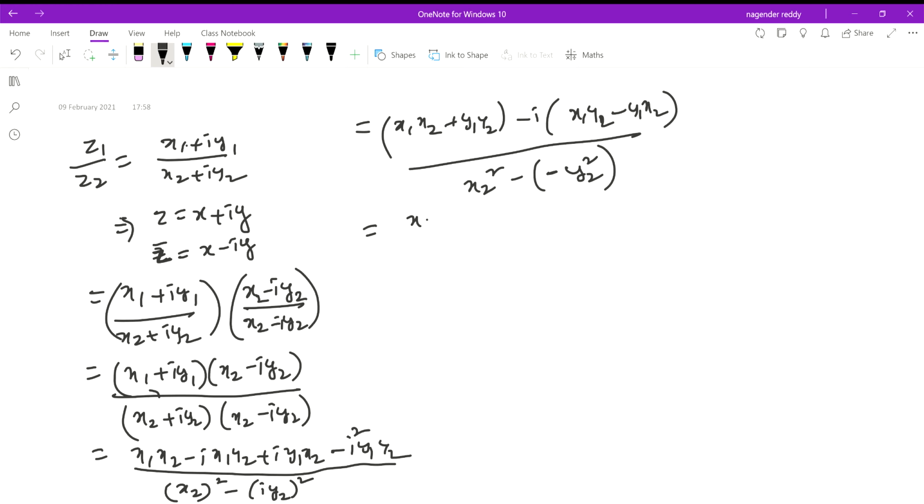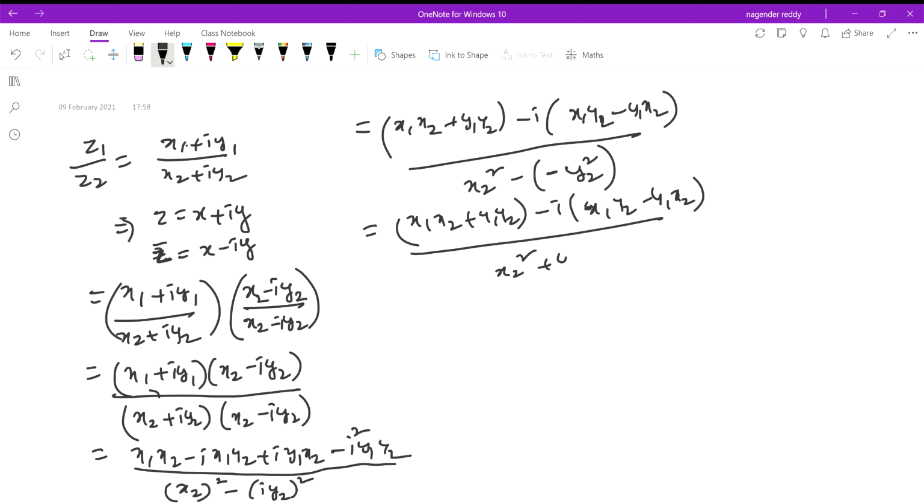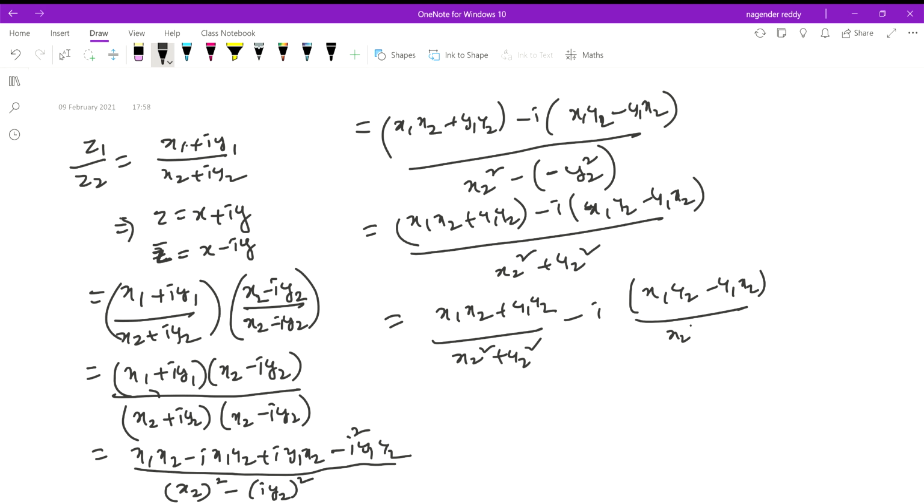So now you can write x1 x2 plus y1 y2 minus i into x1 y2 minus y1 x2, divided by x2 square plus y2 square. Now you can separate it: x1 x2 plus y1 y2 by x2 square plus y2 square, minus i into x1 y2 minus y1 x2 by x2 square plus y2 square. While going for the general format it will take some time, but with problems it is very easy to go forward.